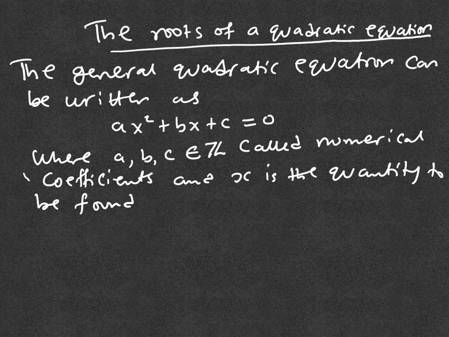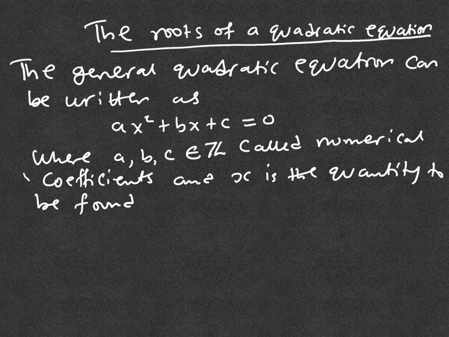So that's how any quadratic equation can be represented. It is ax squared plus bx plus c equals 0, and the a, b, c are numerical values. Okay, they are just integers.